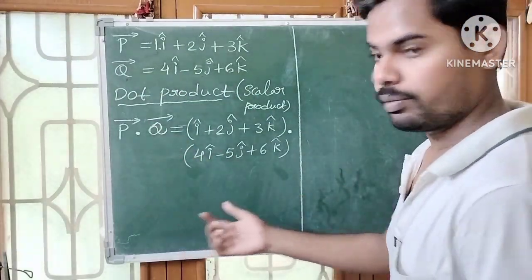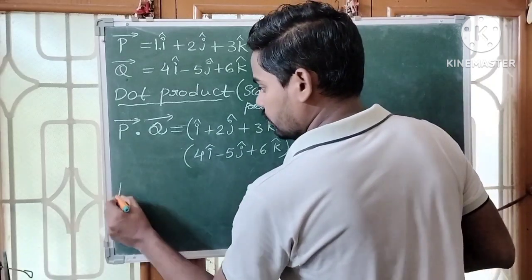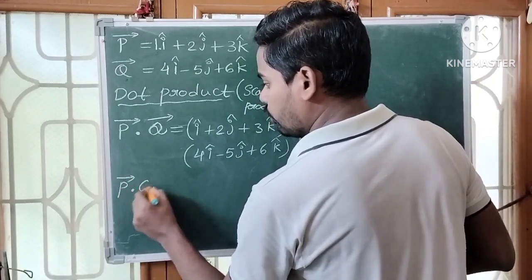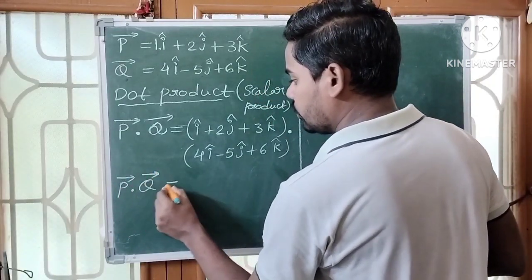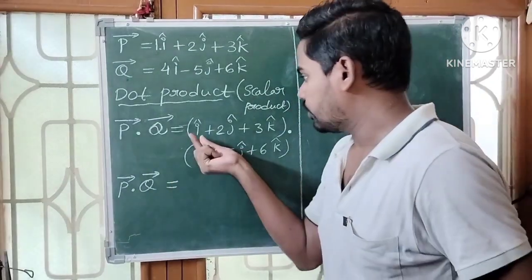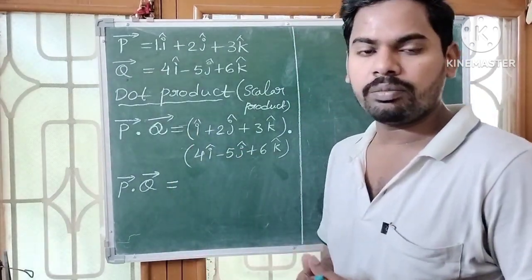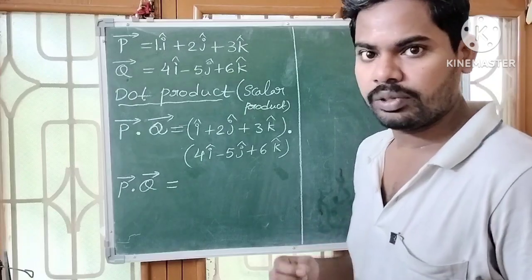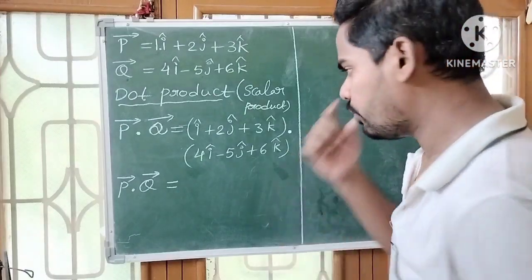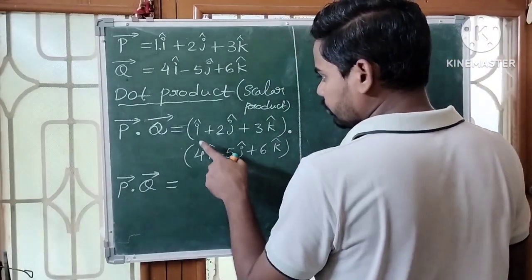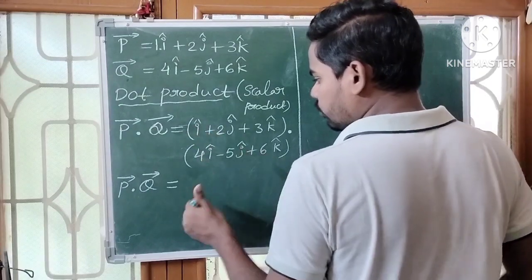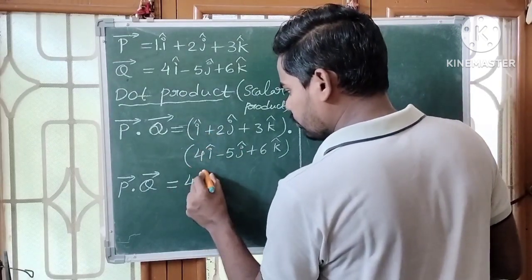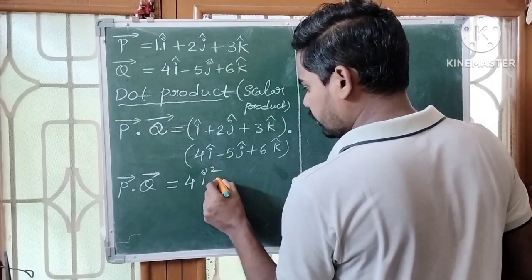So let us find dot product. Dot product of vectors P and Q is equal to, simply multiply x components, y components and z components. 1 into 4, i cap whole square.